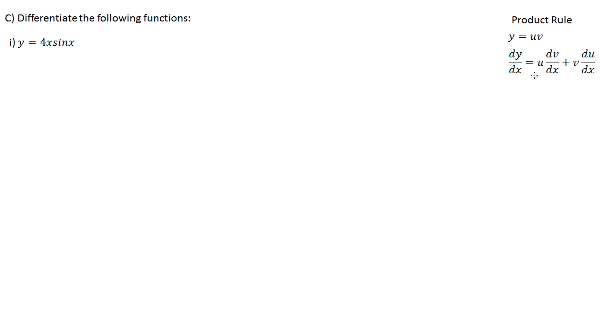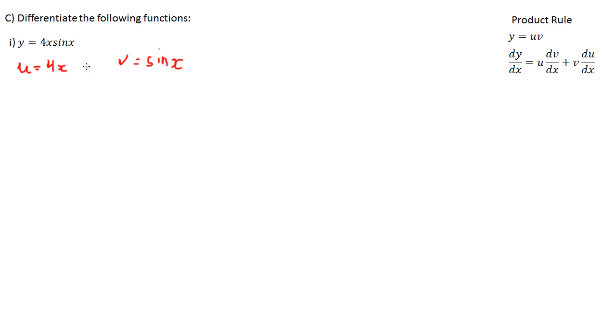So before we do this, we've got to differentiate each term and then use the product rule to get dy/dx. Now let's apply this then. Let's make u equal to 4x, and then we do v equals sine x.